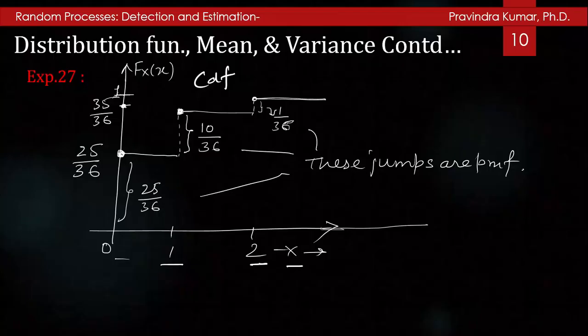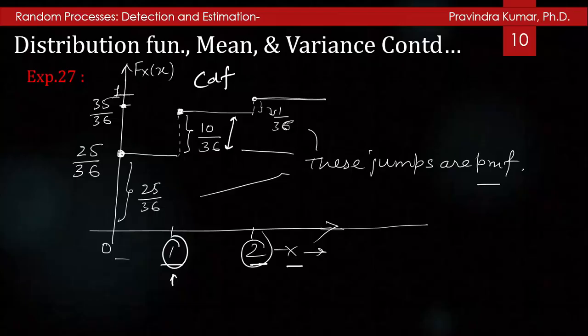These are the jumps, at point 1 and at x equal to 2, and these jumps indicate the PMF, or you can say the probability of getting one 6 in two throws, which is 10 by 36.